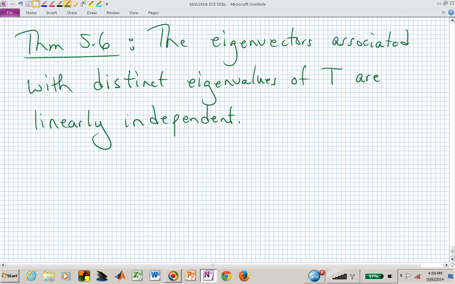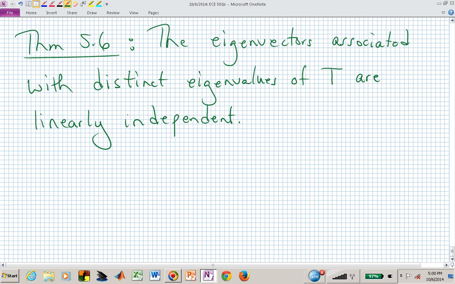If you have a linear map with 3 eigenvalues, and they are distinct, that means the eigenvector associated with 1, the eigenvector associated with 2, and the eigenvector associated with 3, if we find those 3 eigenvectors, they will be linearly independent. That's what this theorem is saying. So if you have distinct eigenvalues, that's giving you pretty nice properties relative to these eigenvectors.